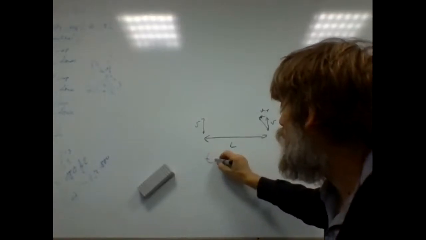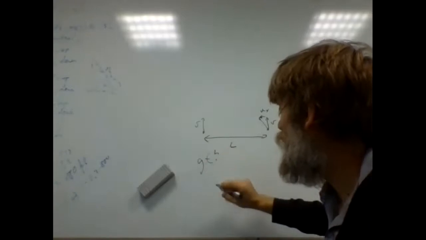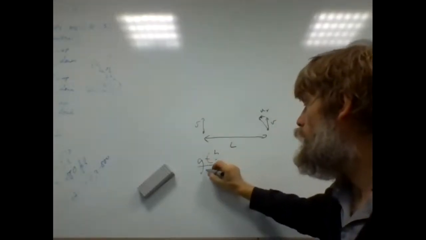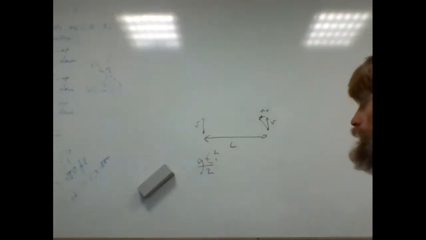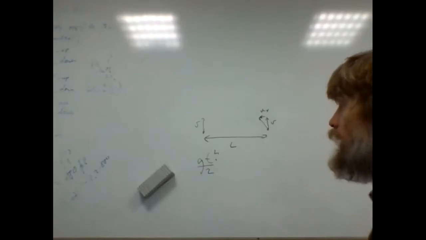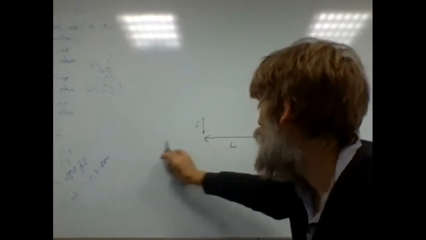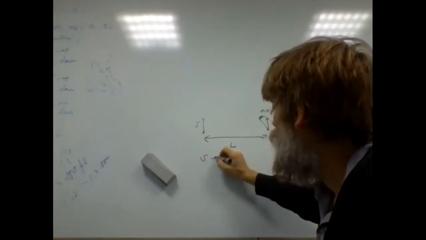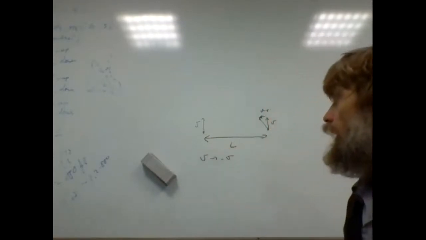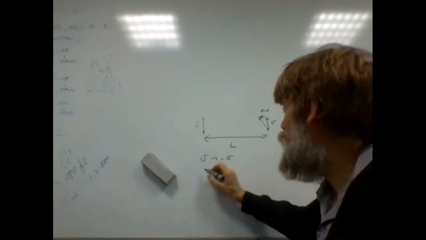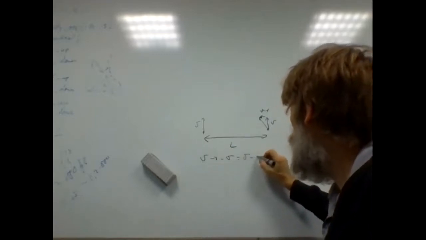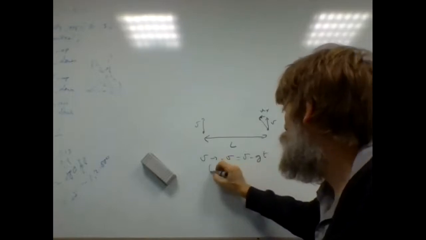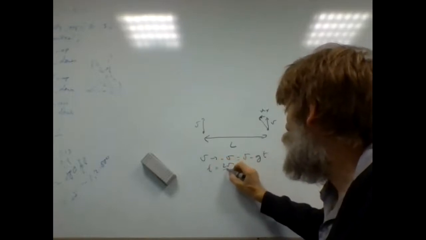So you better do it that way. That velocity v goes to minus v, vertical projection. But this minus v is v minus gt. So t equals 2v divided by g.